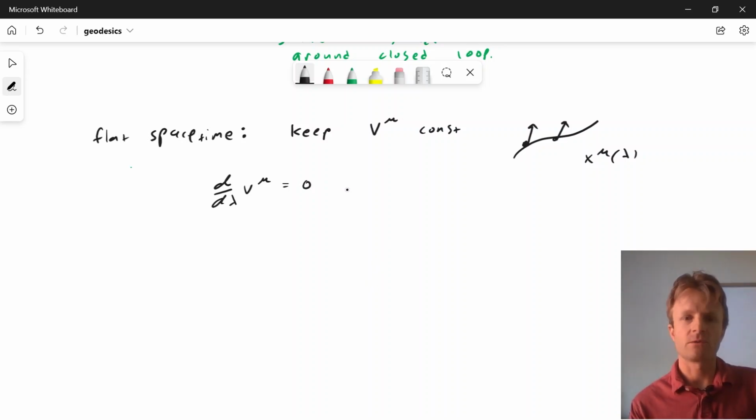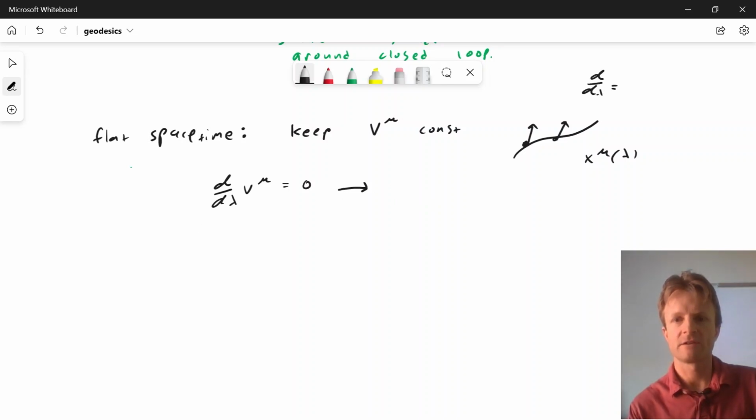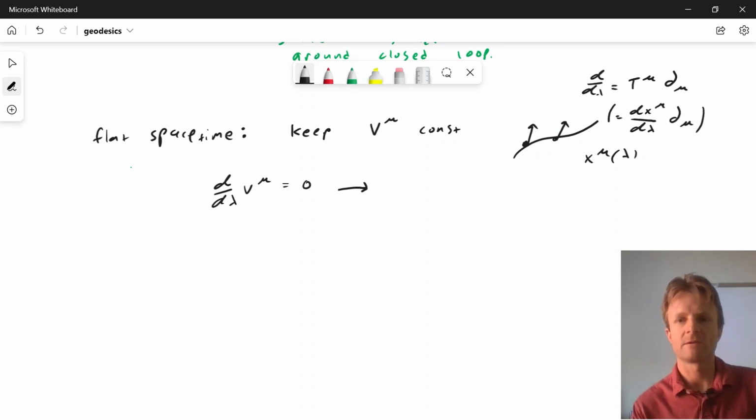And now we're just going to write this in a notation that's ready to send our partials to our covariants. So we're going to remember that this d/dλ is just the tangent vector T^μ contracted with the partial vector, right? Because T^μ was dx^μ/dλ. And in this form down here, this is just the chain rule.